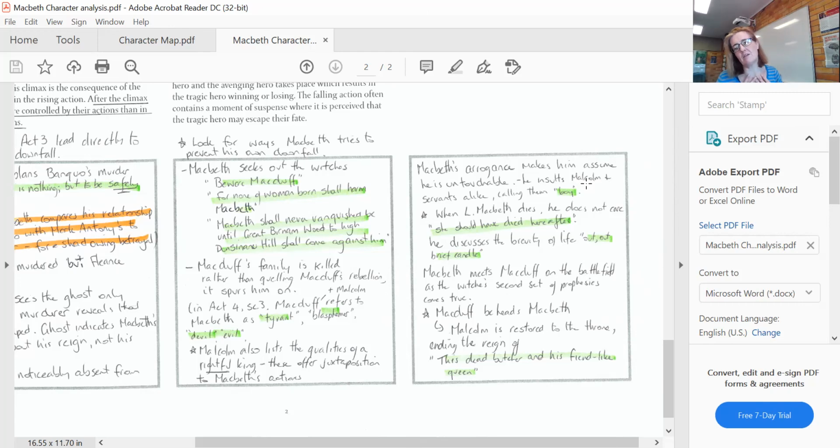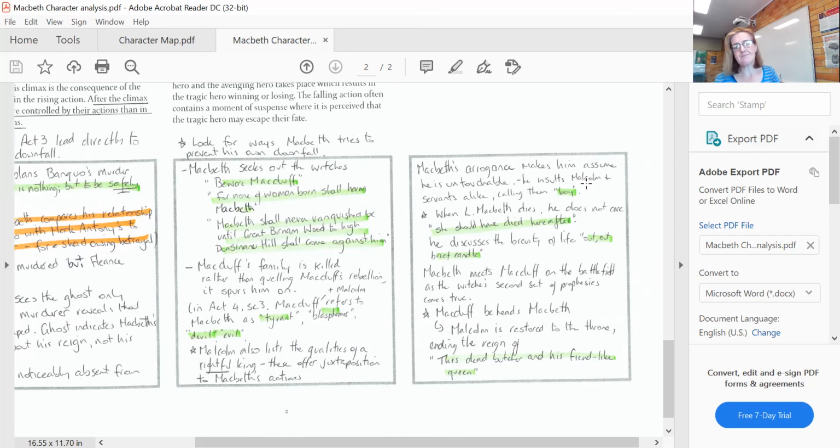He gives us his "out, brief candle" monologue, which really highlights the shortness, the maybe pointlessness of human life, likening man to an actor who struts and frets his hour upon the stage and is heard no more. So there's no legacy to the actions of the average man.